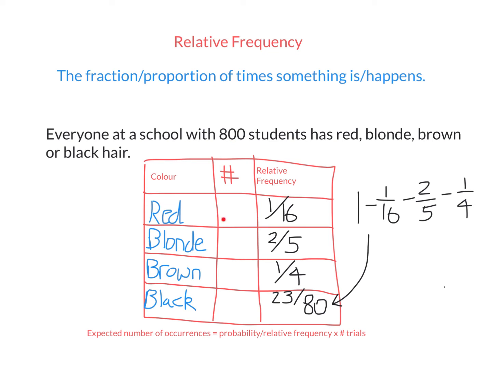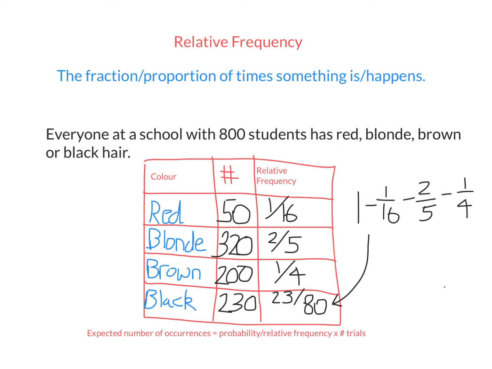So the number that have red hair would just be 1 over 16 times 800, which is 50. There would be 50 students with red hair. Similarly for blonde hair, 2/5 times 800 gives us 320. And so on for brown and black hair. Note that all of these numbers here add up to 800.